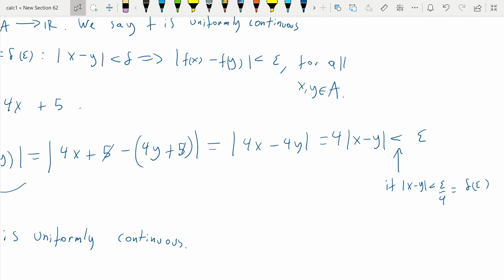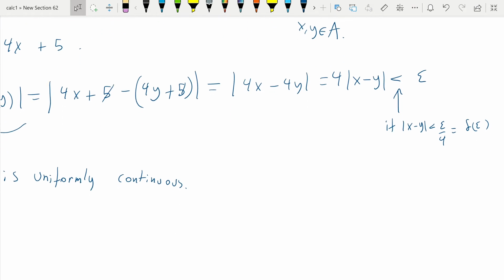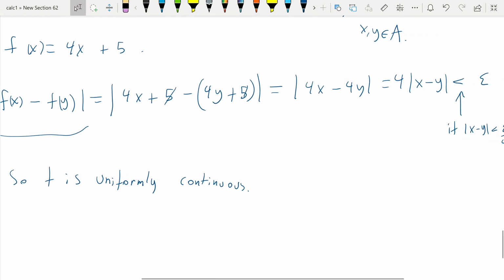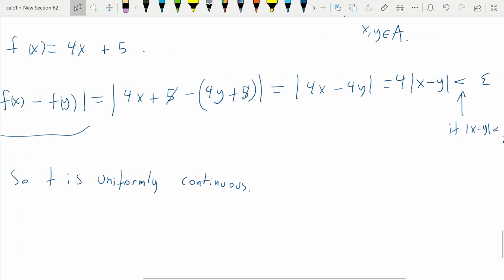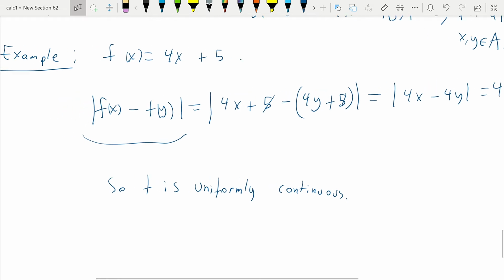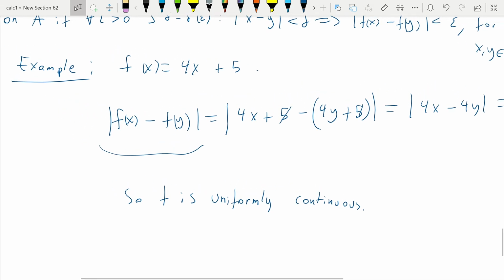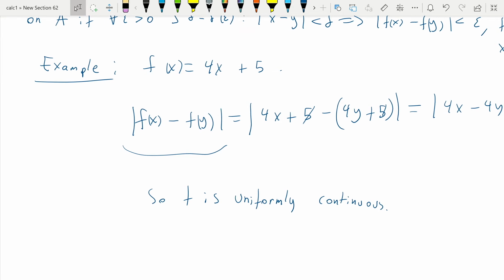The condition of closeness between x and y, in order to guarantee that the images are sufficiently close, doesn't depend on x and y, where you are. It just depends on the difference between the 2 points.